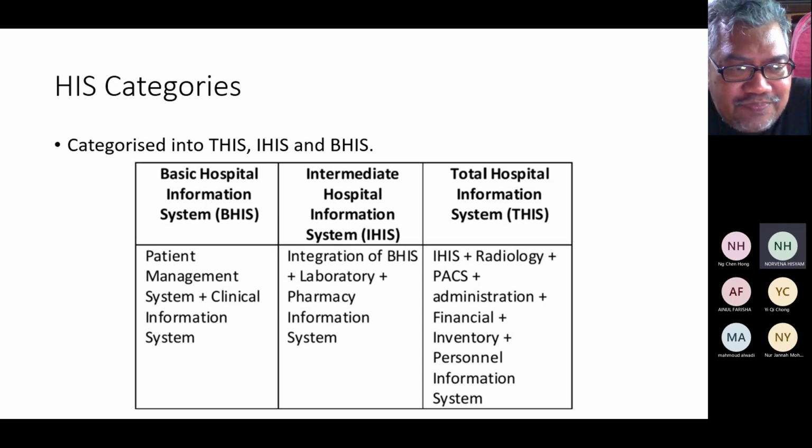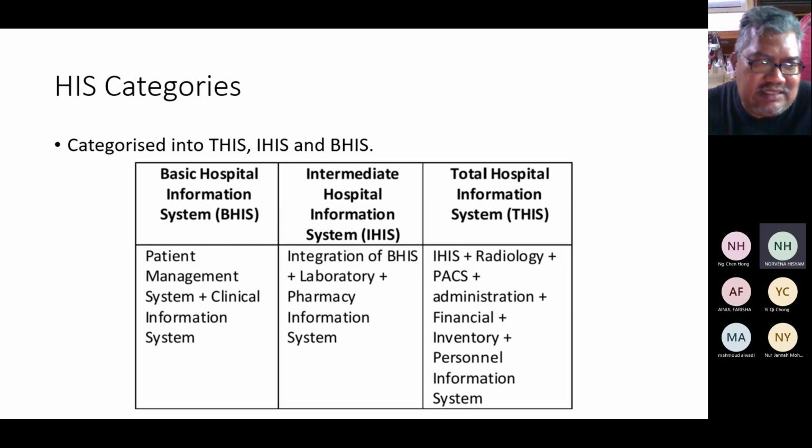So IHIS, they have addition of lab and pharmacy system. So that is IHIS. So lab, it makes tracing of results easier. Pharmacy, it makes dispensing of drugs easier. Okay. So for total hospital information system, THIS, they claim to have everything, including radiology.